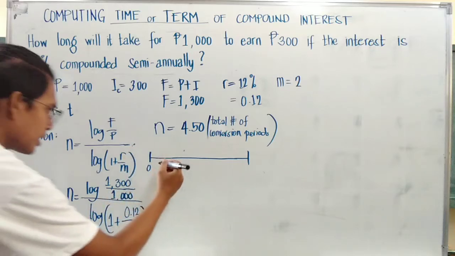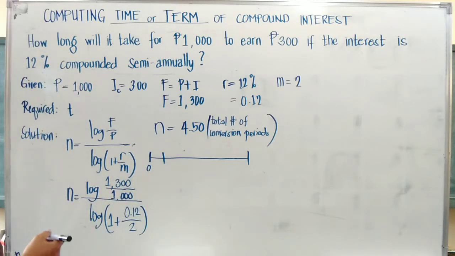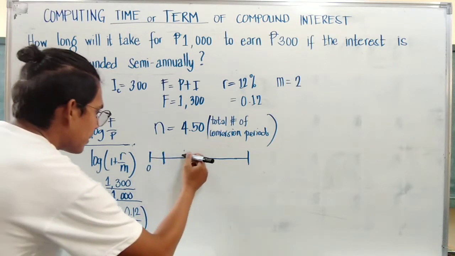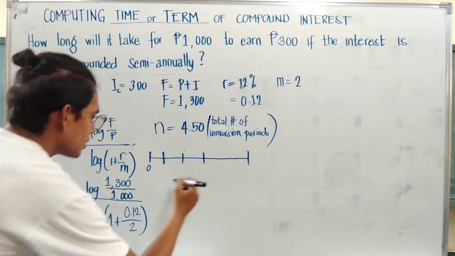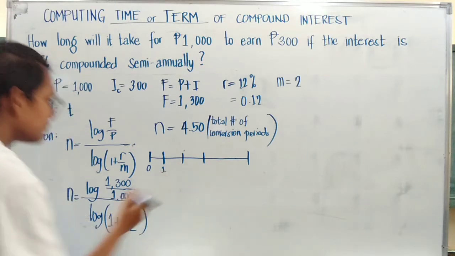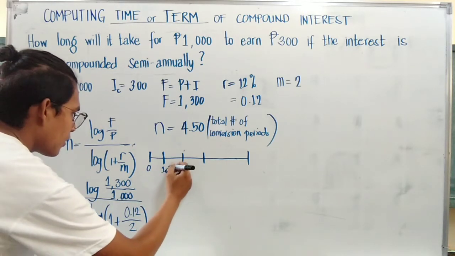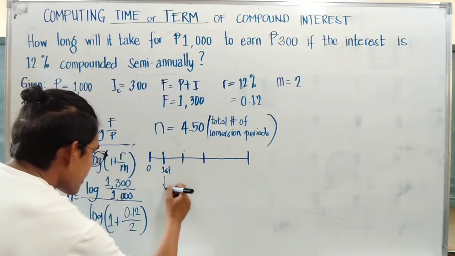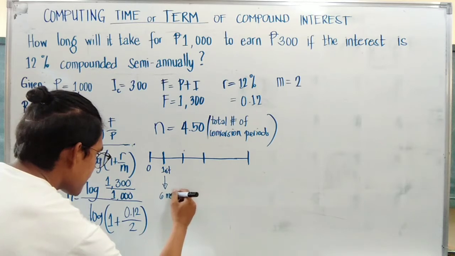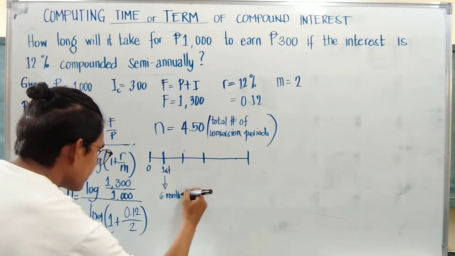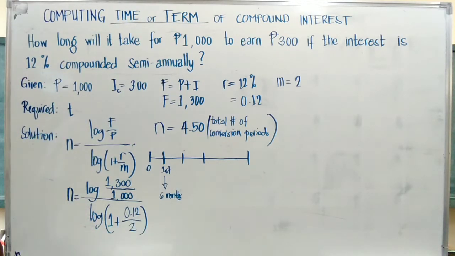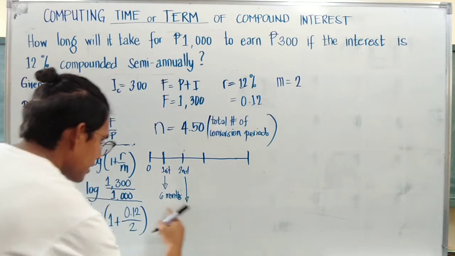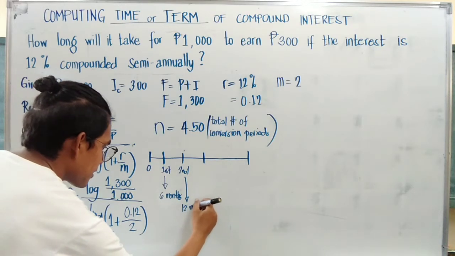But let's analyze. So it is compounded. So first, or 1, the first conversion, of course, is 6 months. Right? 6 months. The second, of course, is 12 months.